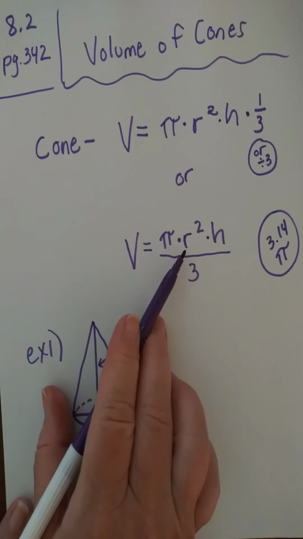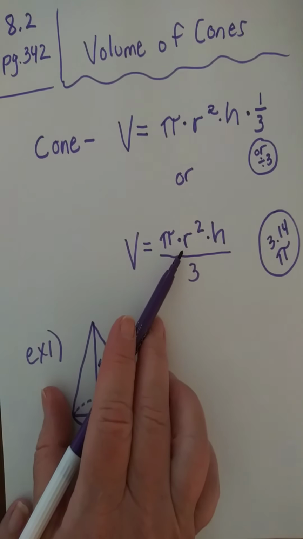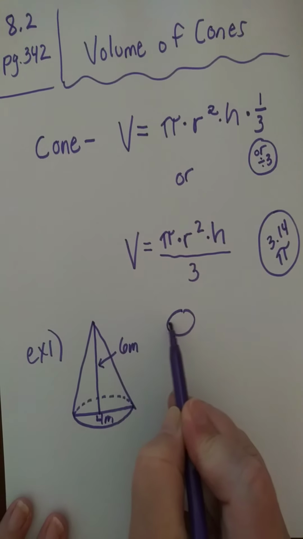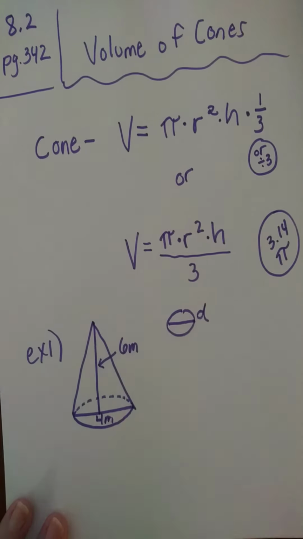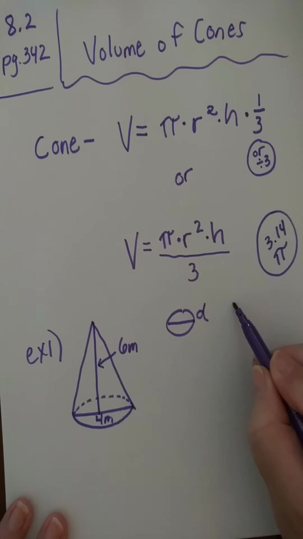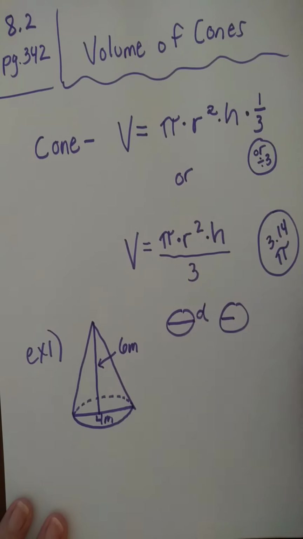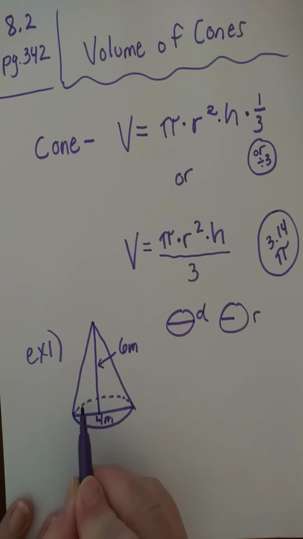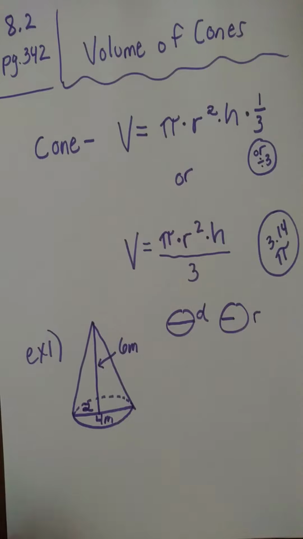But our formula uses radius. So remember, diameter goes all the way across, right? So if we only want radius, we're going to take half of it. So we're going to cut this in two. So if all the way across is 4, that means my radius is 2.